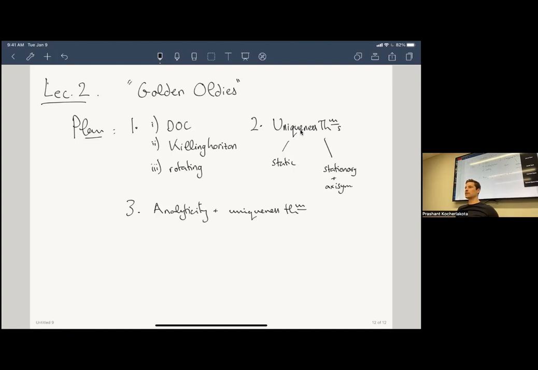But because that story is a little complicated and would demand too much time, I'm not going to talk too much about electrovacuum. The story is very interesting mathematically, but I just won't have time to go into the details.